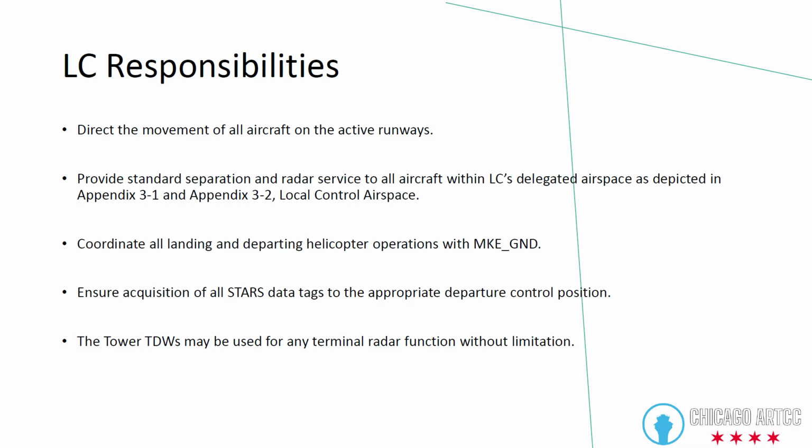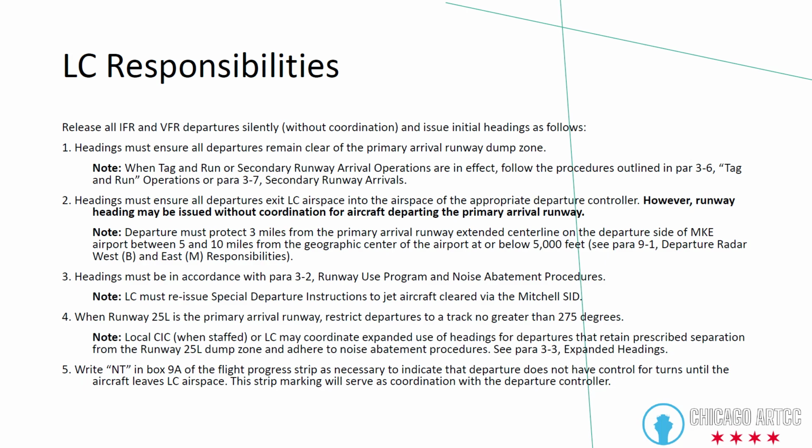The tower TDWs may be used for any terminal radar function without limitation. Release all IFR and VFR departures silently, in other words, without coordination, and issue initial headings as follows. Again, as I said, make sure you push that strip for the IFRs for sure. Headings must ensure all departures clear the primary arrival runway dump zone, or the finals box.